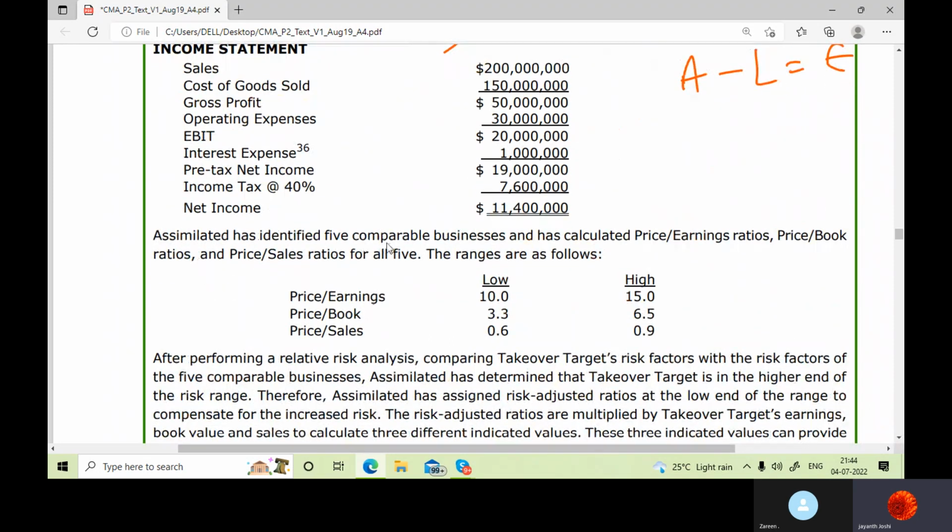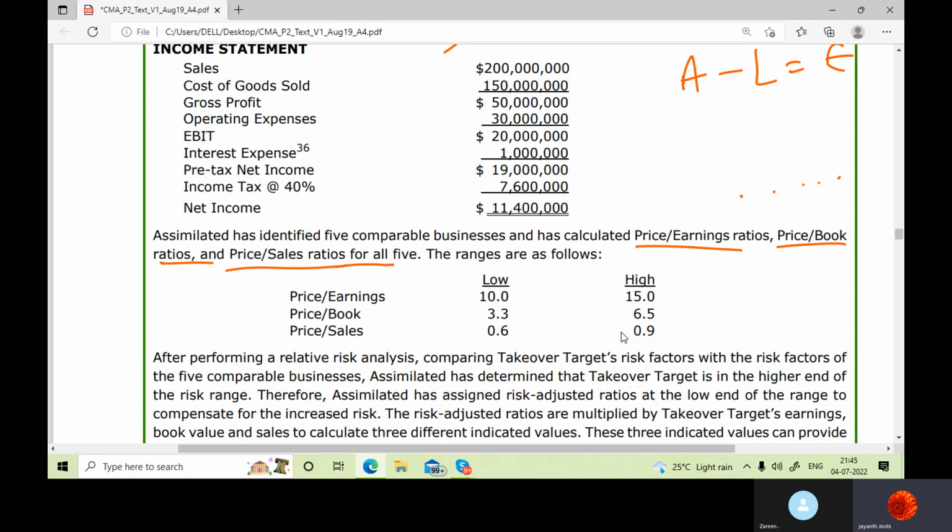Assimilated Stores has identified 5 comparable businesses. Now they have considered 5 companies and have calculated the P/E ratios, price to book ratios, and price to sales ratios for all 5. That means they took average values of those companies and found out the ratios. So you need not worry, all these things are not there for you to calculate.